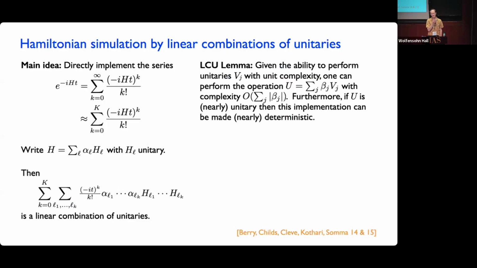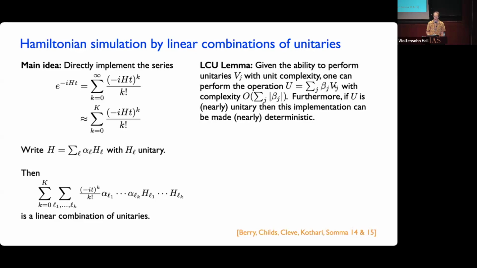It turns out that there's a general thing you can do on a quantum computer. If you have an expression for a unitary, or in this case approximately unitary, operator as a linear combination of unitary operations, you can implement that with some cost. The cost is exactly the one norm of the vector of coefficients of the terms.